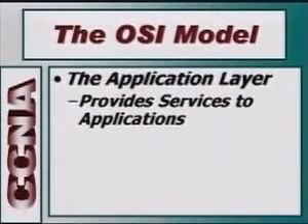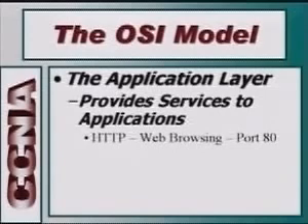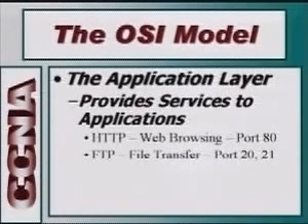At the application layer of the OSI model are applications like HTTP, Hypertext Transfer Protocol, which is for web browsing. You should know that HTTP is for the World Wide Web, for web browsing, and you should know that that's port 80. If somebody says HTTP, you should know that's port 80. FTP, File Transfer Protocol, is used for downloading files.